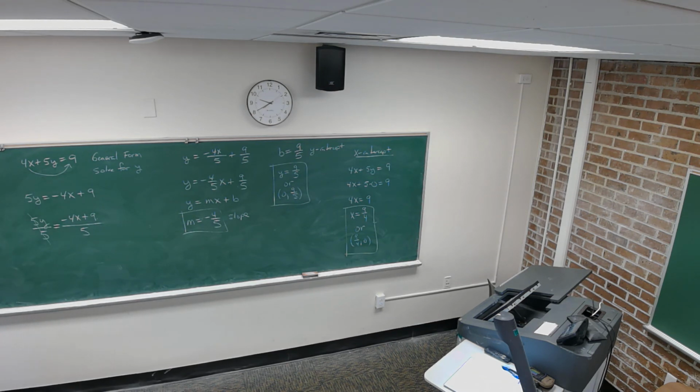Any questions on that? So our line crosses the y-axis at 9/5. That's almost y equals 2. Comes a little short. So there's where 9/5 is on the y-axis. And then where it crosses the x-axis is 9/4.